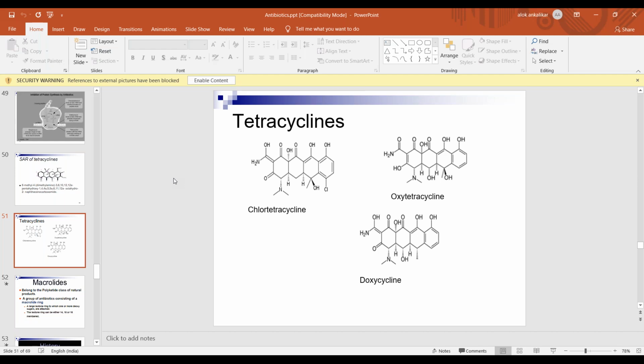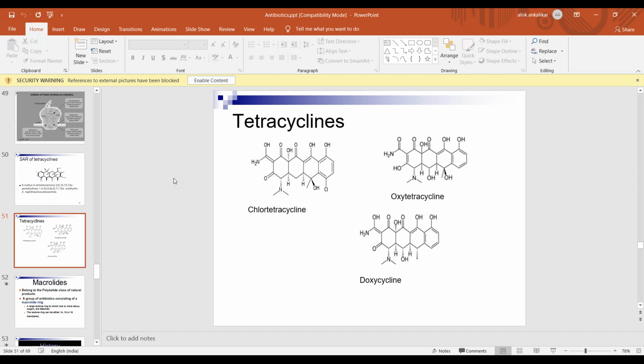Now, the mechanism of action, I have already told you that it is binding to the 30S ribosomal subunit and preventing the binding of the tRNA to the mRNA, and then further preventing the formation of protein synthesis. Now, these drugs, chlortetracycline, oxytetracycline, or doxycycline, they have a broad spectrum of activity.